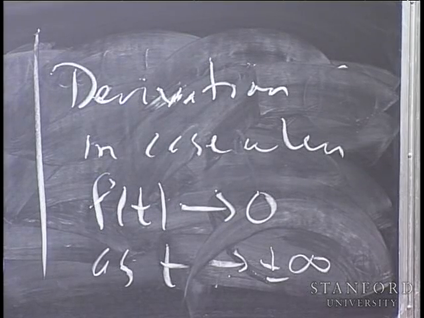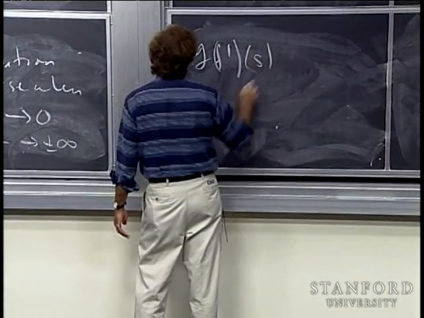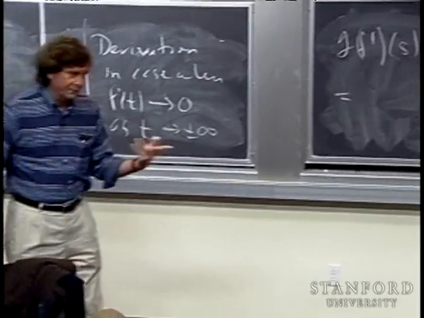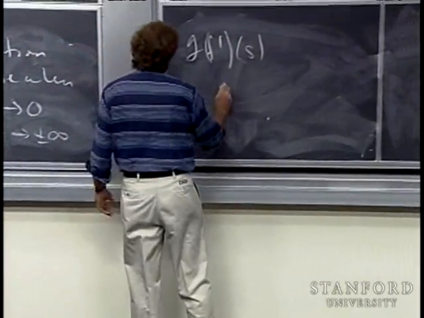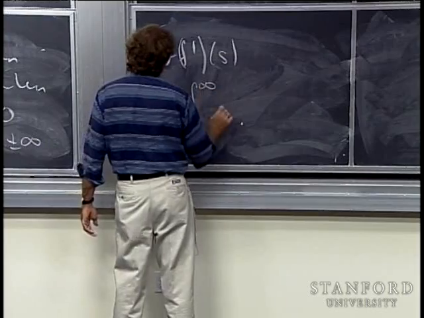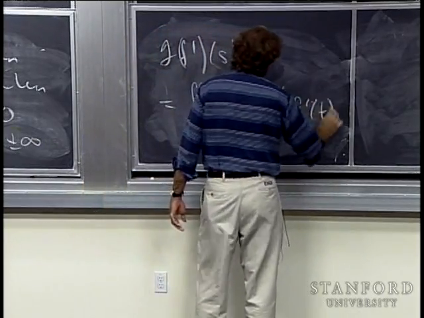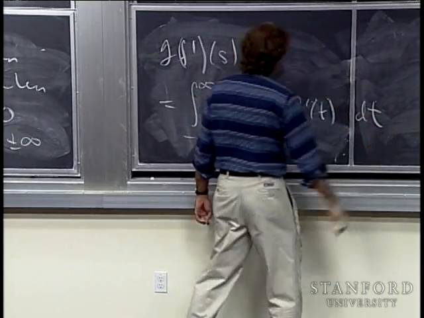All right, so how do I take the Fourier transform of f prime at s? And as you've heard me say many times, you have no recourse here other than to appeal to the definition. Definition of the Fourier transform is the integral from minus infinity to infinity of e to the minus 2 pi i s t f prime of t dt. All right?